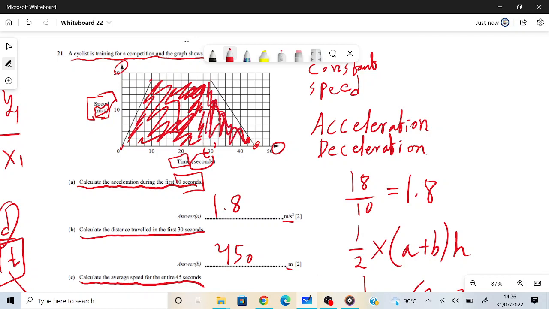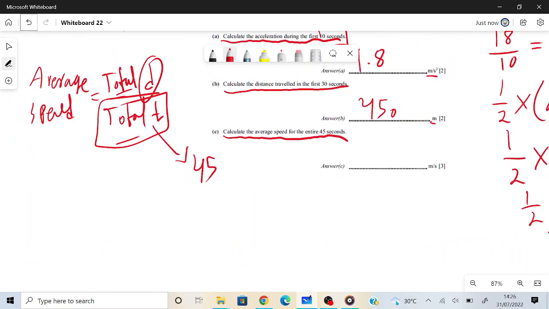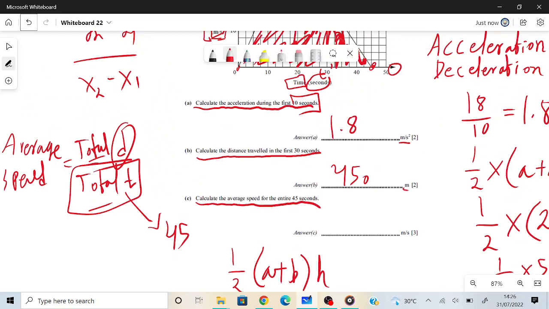So again, as you can see, this is another trapezium. Of course, the area of this is bound to be larger than the area of the previous one that we found, but let's see how it will go by the calculation. We know that the formula is half into A plus B into H. This would be half times our A, which is, I think, 20.